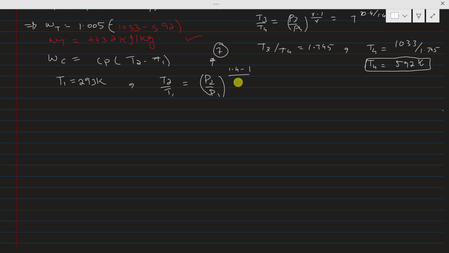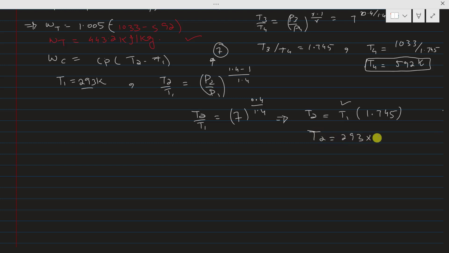So T2 divided by T1 is equal to 7 to the power of 0.4 divided by 1.4. After doing these calculations, you will get its value, 1.745.